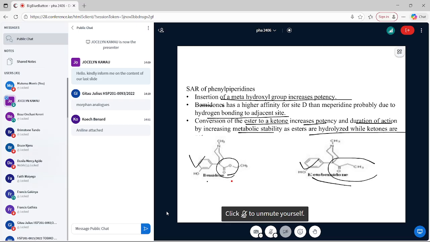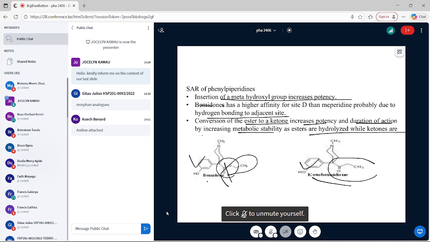In fact, ketones are not hydrolyzed, whereas the ester will be very easily hydrolyzed. Once it is hydrolyzed, you have broken one of the rules. This group should be a propyl chain for maximum interaction. If you hydrolyze it, you get a carboxylic group. Carboxylic groups for sure are too polar, they cannot even get to the site of action.